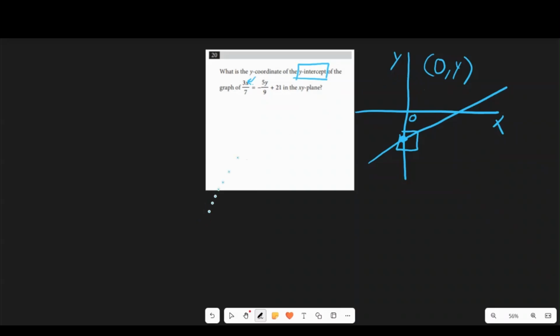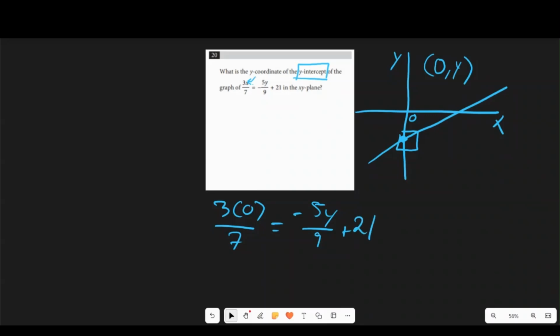So let's plug that in and then solve. Now we have our 0 go in for x here, divided by 7, and then we can just solve for y using algebra. So we have minus 5y over 9 plus 21.